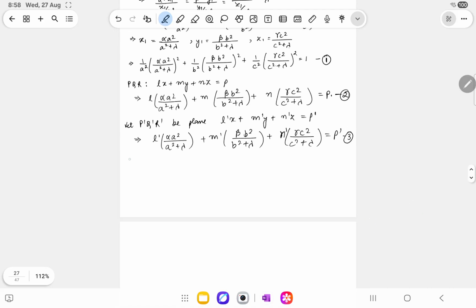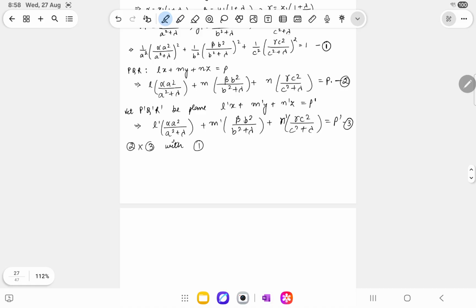So if I compare 2 into 3 with equation 1, we'll basically compare the equal coefficients.